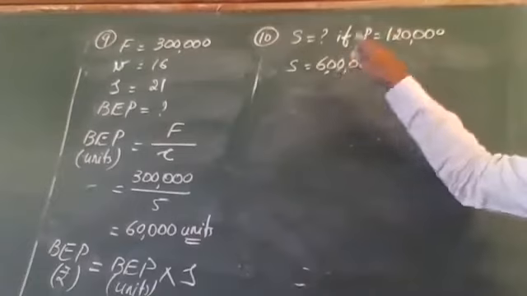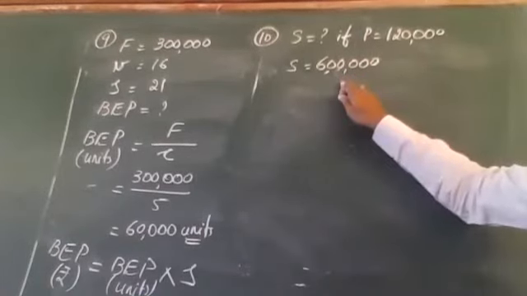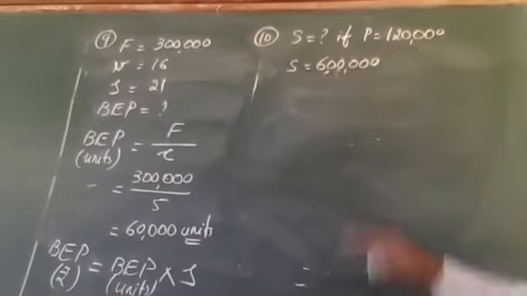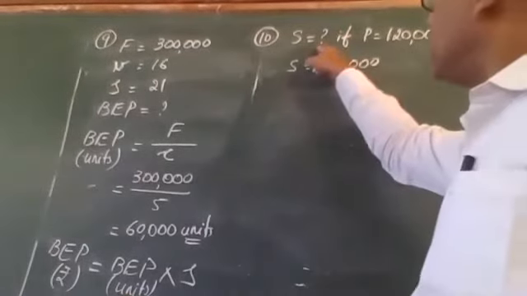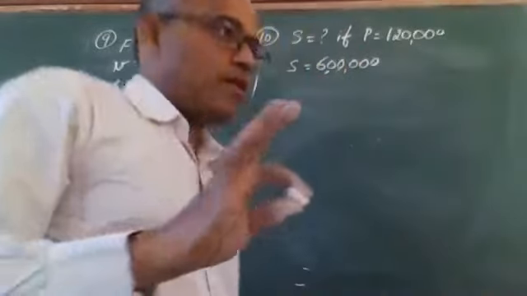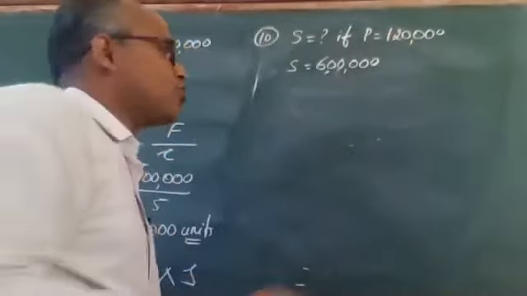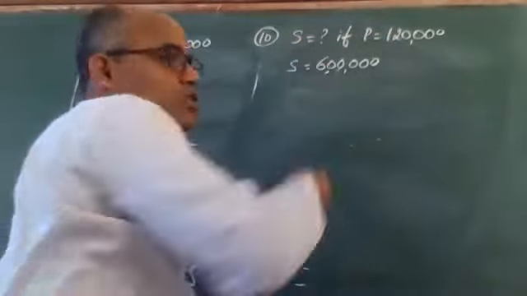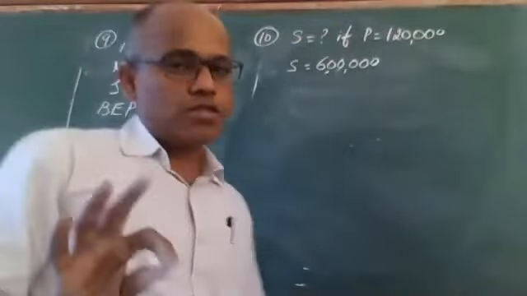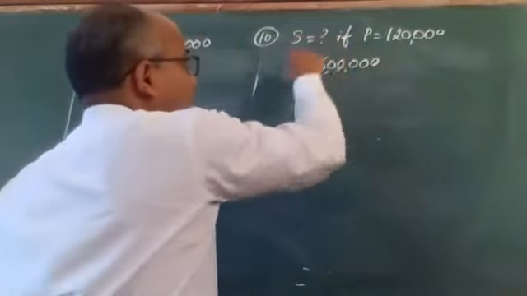If I sell 6 lakhs and get 1,20,000, why will he again ask us to find out sales? Simple question. If I am selling 6 lakhs and I get 1,20,000 profit, then you should not ask me how much is the sales if profit is 1,20,000, correct? So apply logic. That means this sales figure is different from that sales.